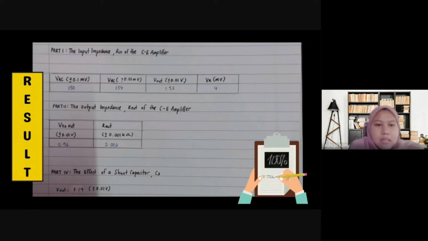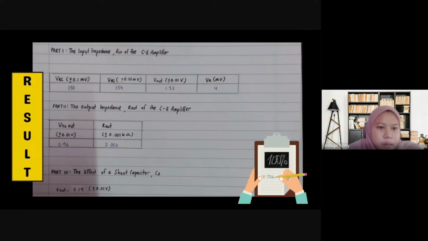Okay, hi. This is the table of the results that we measured. From part 1, we measured the input impedance Rin of the CE amplifier. VAC is 150, VBC 54, Vout 1.92.